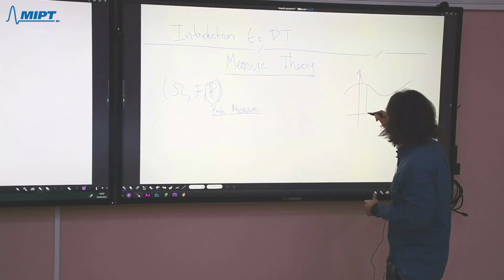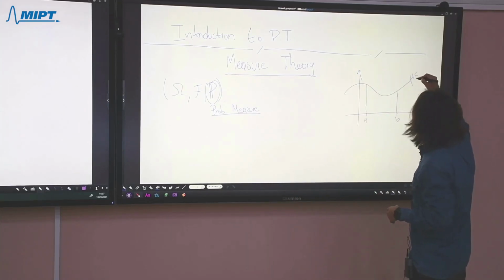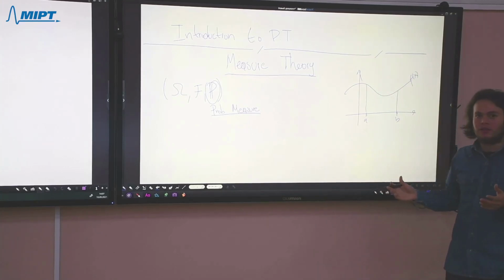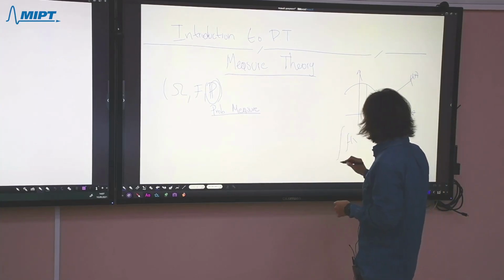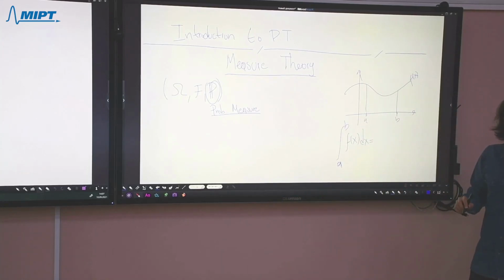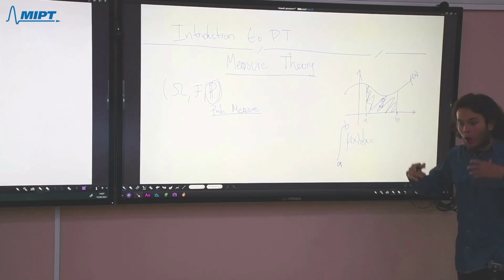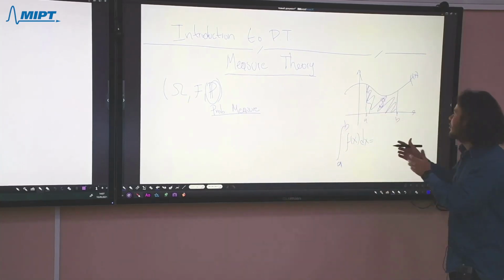If you want to find the integral from a to b of the function f of x, what is the meaning of the integral from a to b of this function? Yes, it is this area under the line, this area S. So how do we calculate that area?